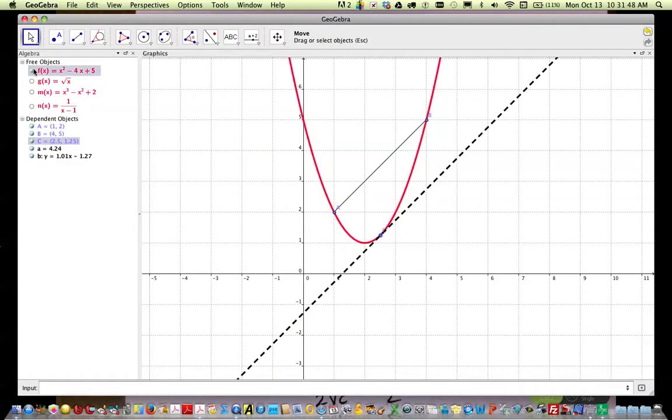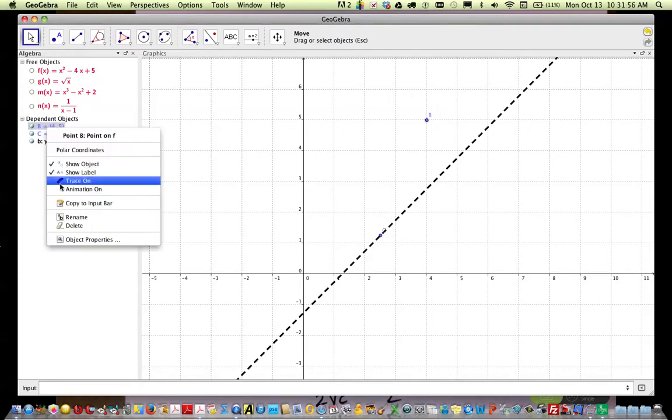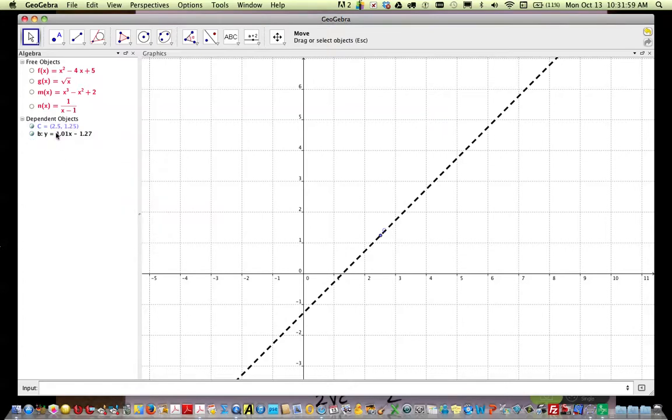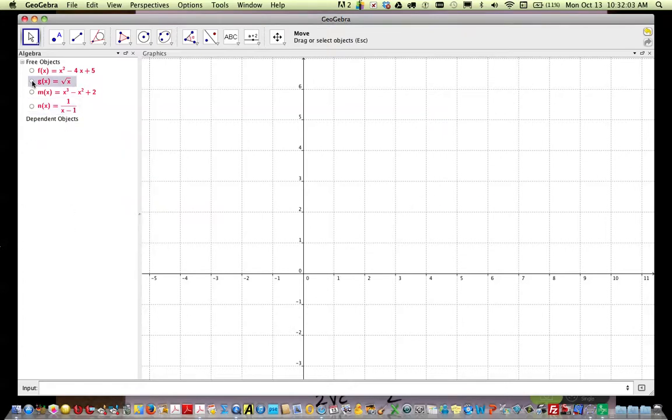All right, so let me turn that function off, and we'll get rid of these points. And we'll turn on the square root function. We're going to put a point at the origin. And we're going to put another point at 4, 2.